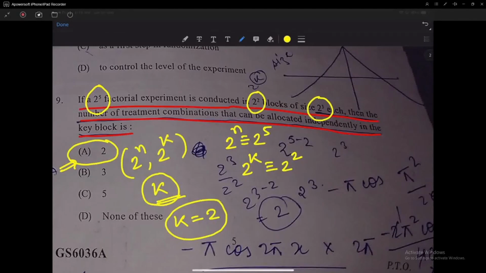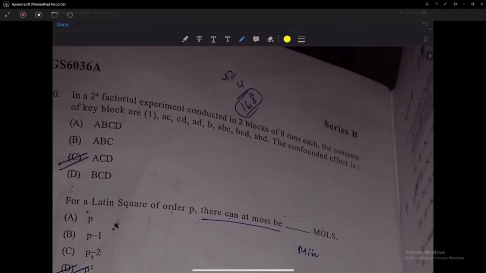Now let's go to the next problem. Now in this problem, let's say a 2 to the power 4 factorial experiment is conducted in 2 blocks of 8 runs each. Now the key block is given to us.